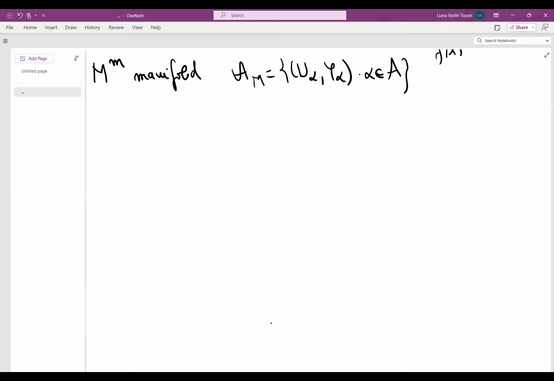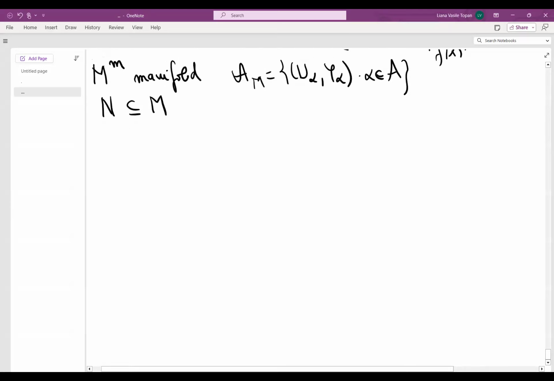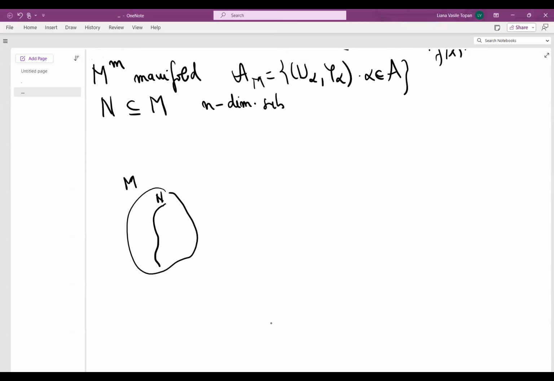Okay, and suppose that N is a subset of M. Say this is M, and then we get a subset of M here. Now we say that N is a submanifold, so an n-dimensional submanifold of the manifold M, if something like this happens.